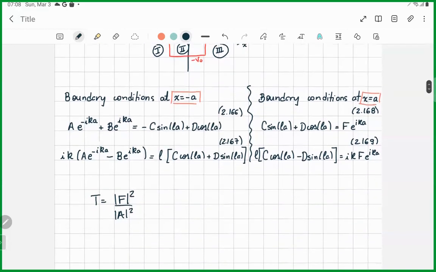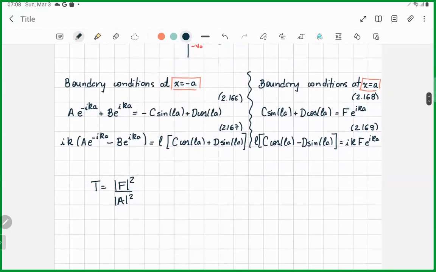All right, so how are we going to proceed? To find this, we need a way to write F only in terms of A. So we need to get rid of B, C, and D, all the things that are in our way.